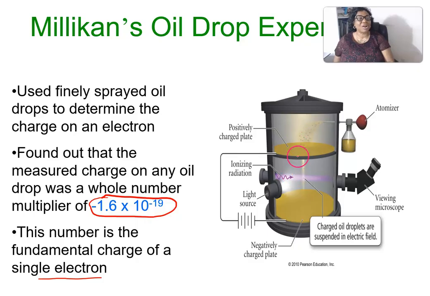So these oil droplets were picking up charges. And investigating the charges that these oil droplets were picking, he noticed that it was a multiple of minus 1.6 times 10 to the minus 19. That is how he came up with the fact that the charge on an electron is minus 1.6 times 10 to the minus 19.